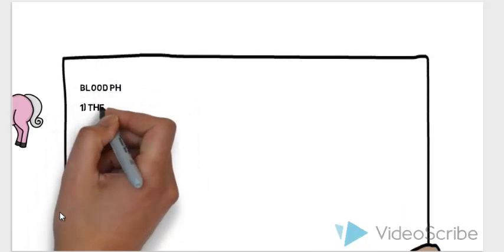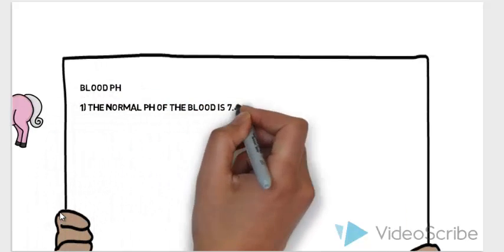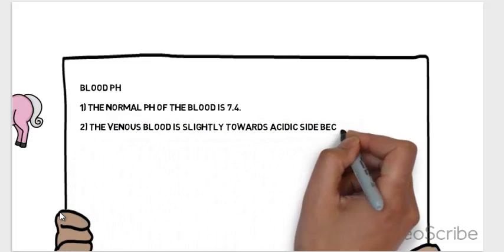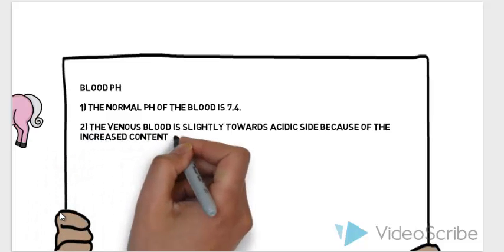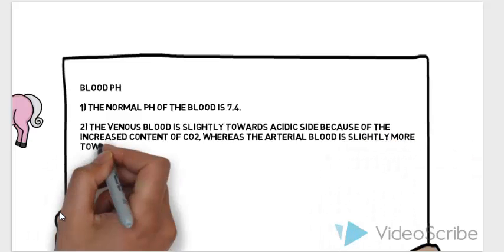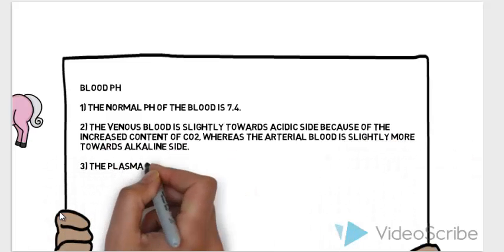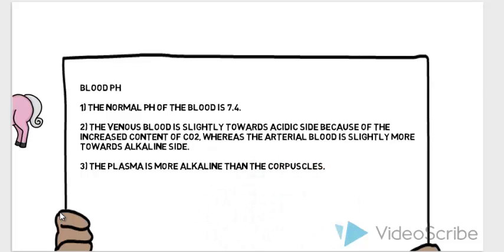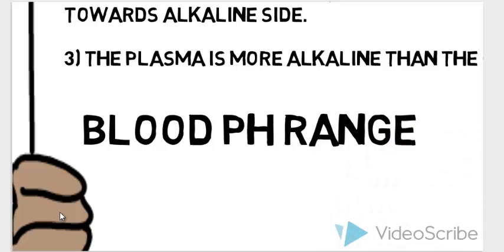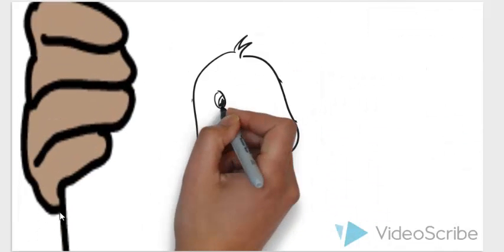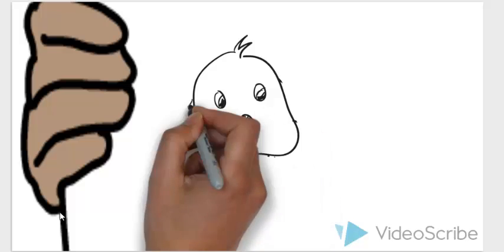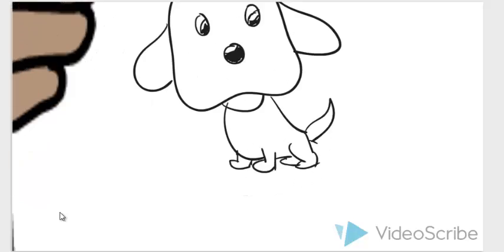Other component is the blood pH. The normal pH of the blood is 7.4. The venous blood is slightly towards the acidic side because of the increased content of carbon dioxide which forms carbonic acid, whereas the arterial blood is slightly more towards the alkaline side. Plasma is more alkaline than the blood corpuscles. Blood pH range. In case of dogs, it is 7.32 to 7.68.